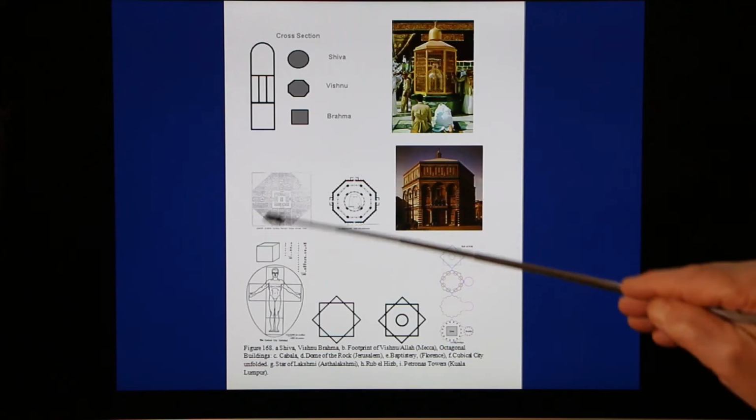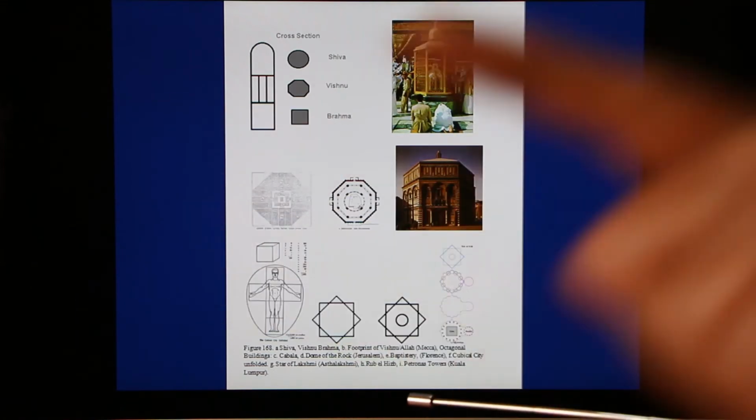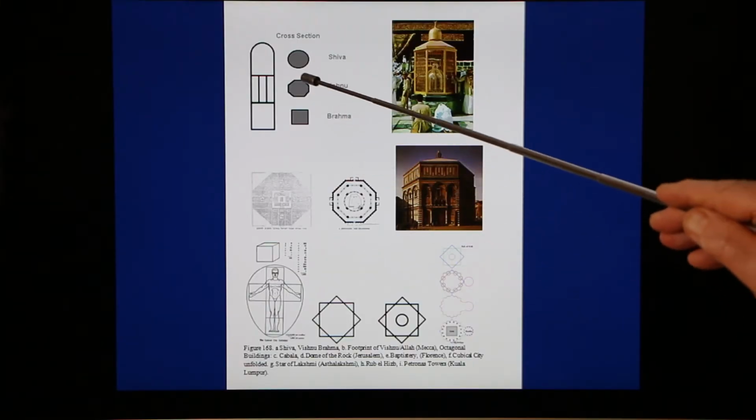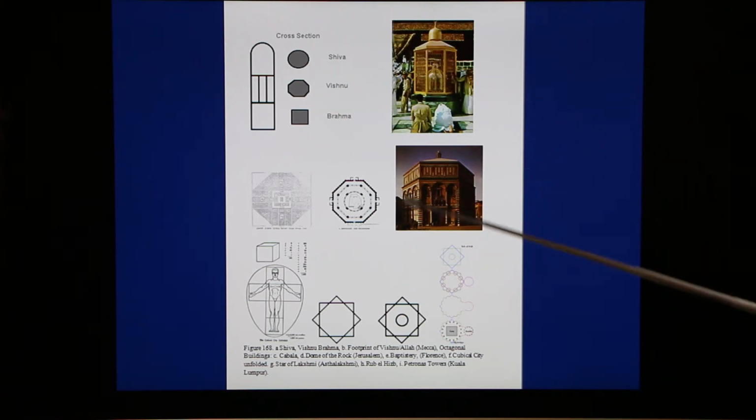And the 8-sided, of course, links up with this 8-sided ordering of the universe of the Chinese, which we saw also links up with the 8 animals and the 8 movements of animals. And in the Christian tradition, what you call Vishnu becomes linked with baptism or rebirth, and so the baptistry becomes linked with 8 sides.